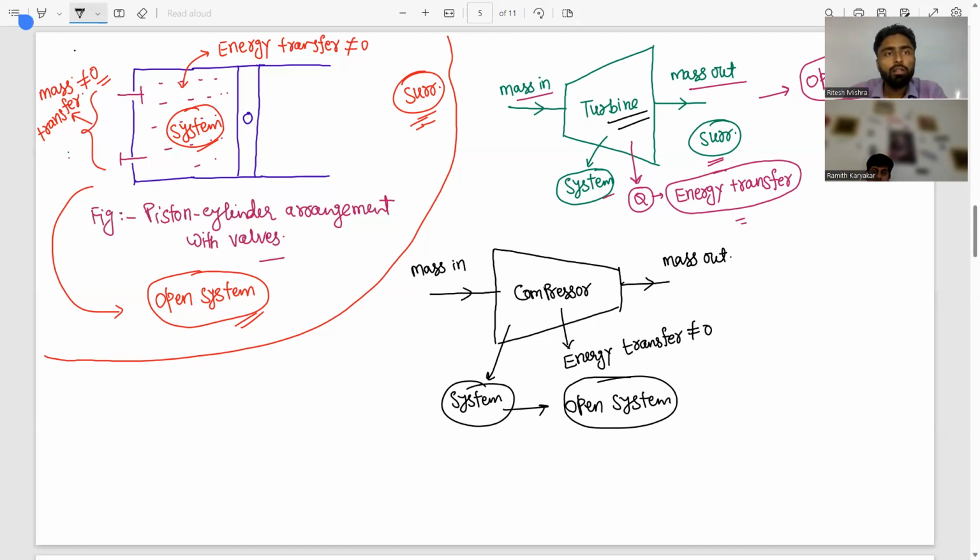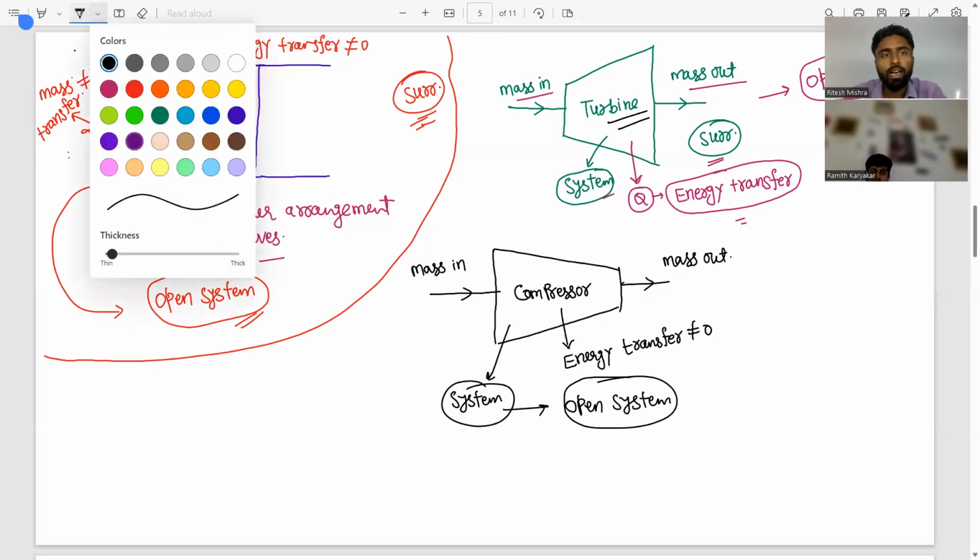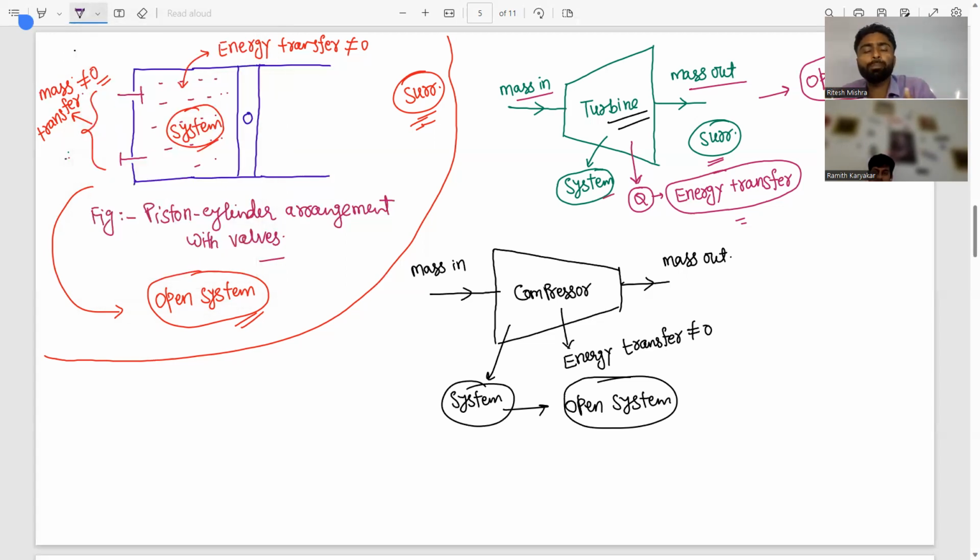Now I hope all these examples are very clear to you, and I hope you understand the concept of an open system. Now, examples of an open system. The first example is the piston cylinder arrangement with valves.